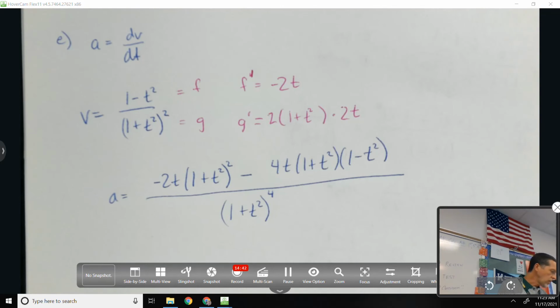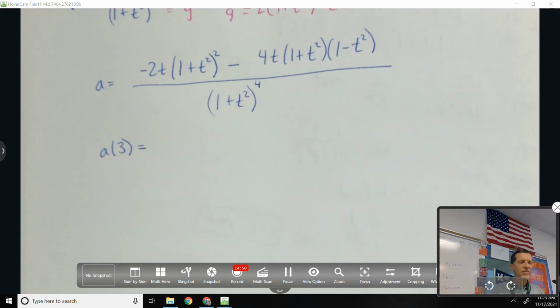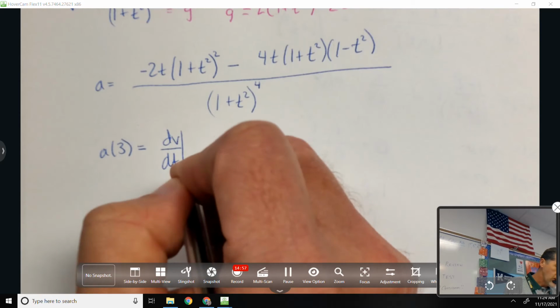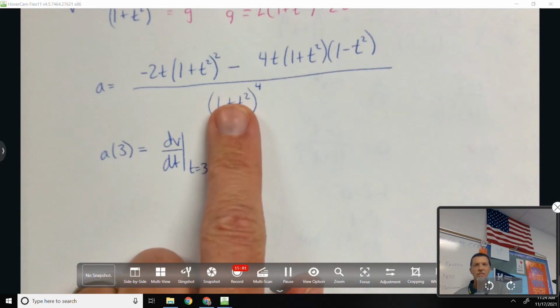Find the acceleration of the particle at time t. No, we did that. And at time 3. I have a shortcut for time 3, because my calculator can do derivatives. It can do specific derivatives. It can't do symbolic derivatives, that'd be nice.